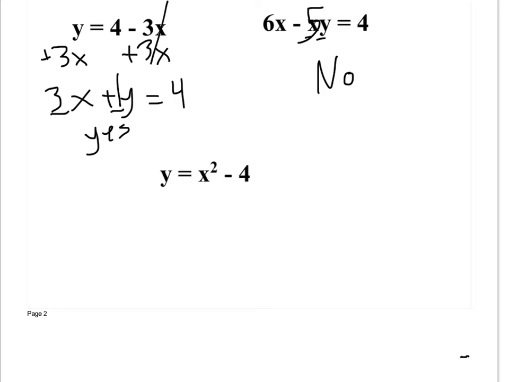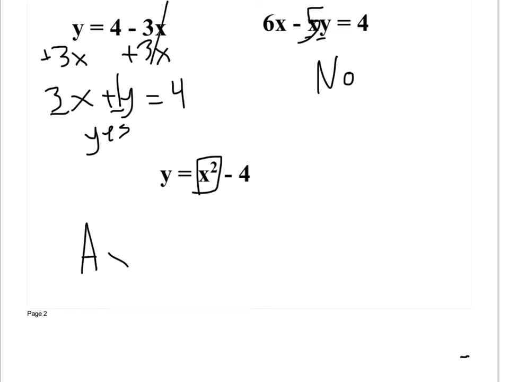Okay. y equals x squared minus 4. Is this standard form? No. So I could move it around, but I can just look at it and tell, is this a linear equation? No, because I can't have an x squared.